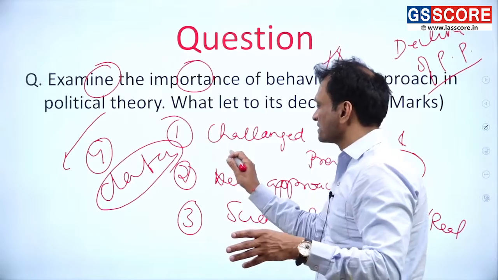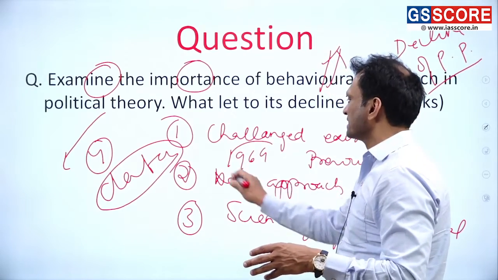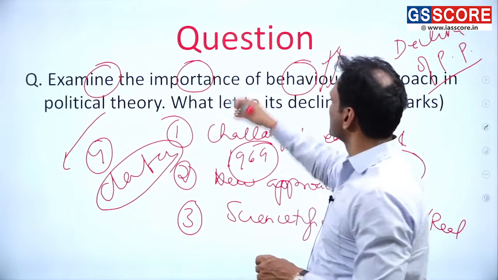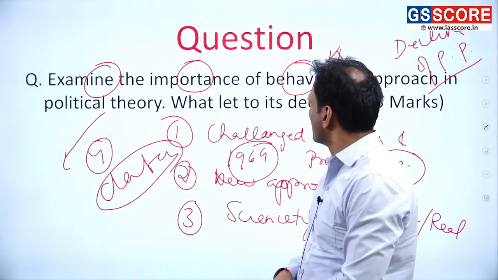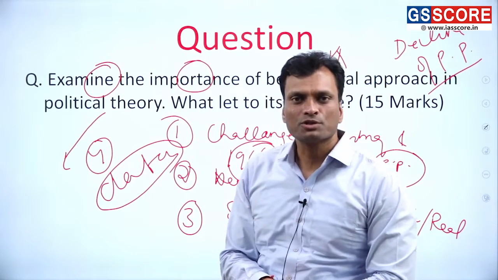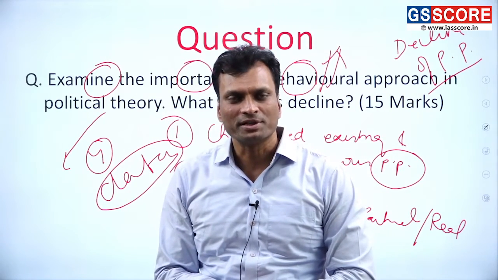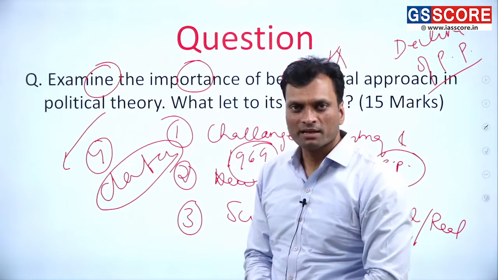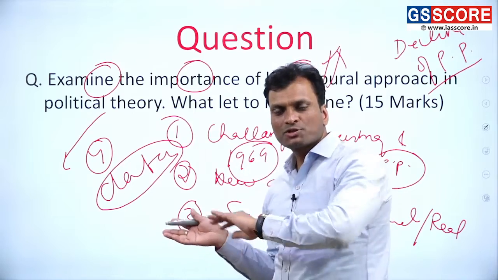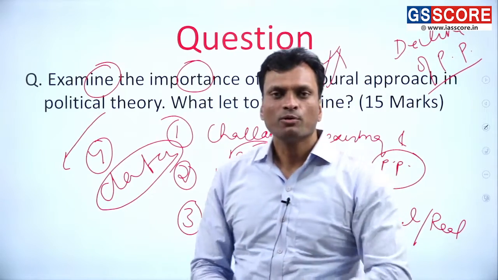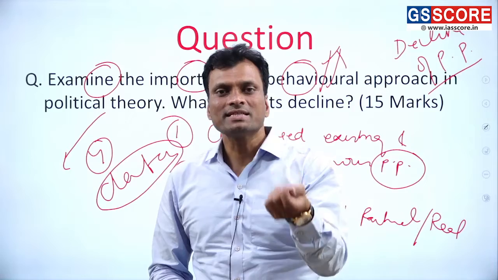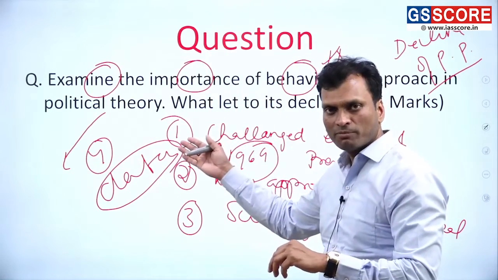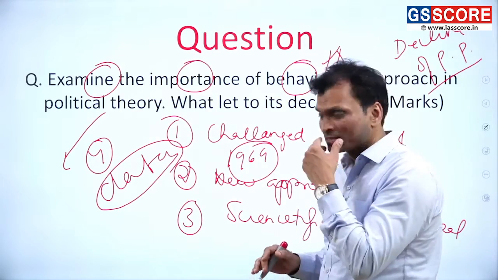And in 1969, David Easton himself declared that behavioralism is not sufficient in approach to solve all the problems of political science, and he raised the demand for post-behavioralism and changed his focus more towards value and relevance in his research, these two elements which became the central theme of post-behavioralism.